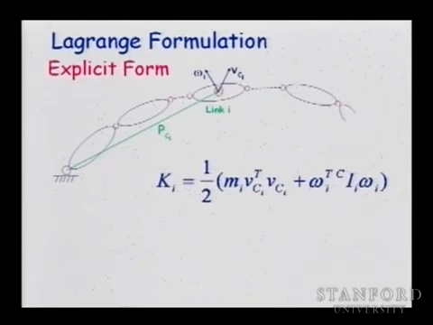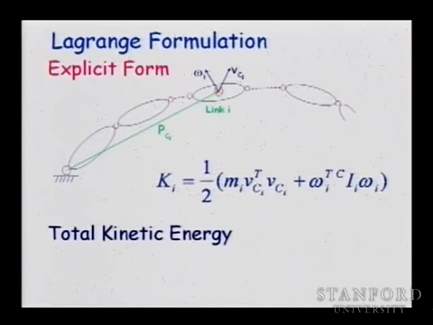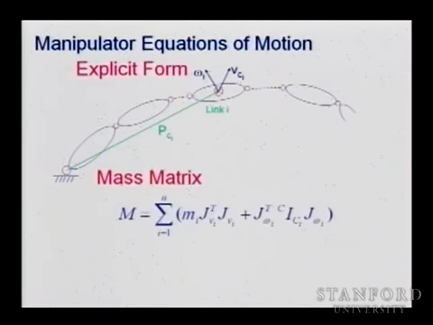Simply by adding the kinetic energy of these different links, you have the total kinetic energy of the system. And by taking the Jacobian relationship between velocities to connect them to joint velocities, you will be able to extract the mass properties of the robot. So the mass matrix will become a very simple form of the Jacobian.